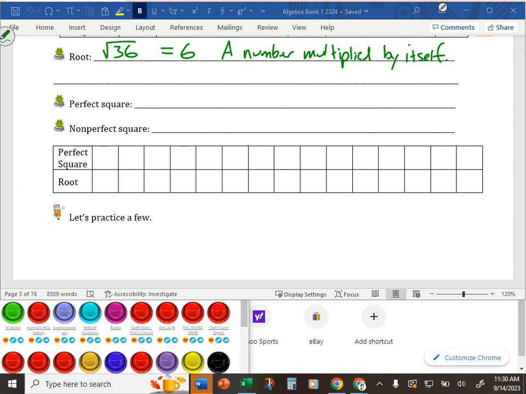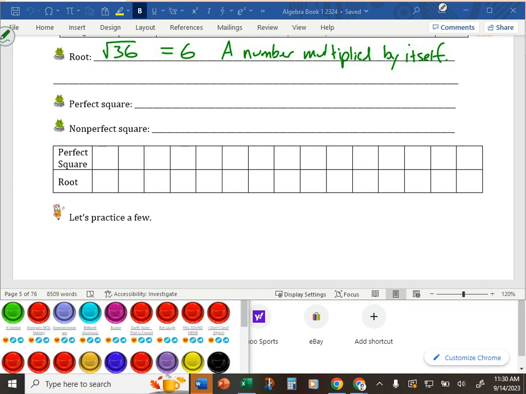And we also know that a root... Nolan, do you remember the order of operations? Do you remember what the R stands for? Radicals, right? And then the letter that is opposite the R, the E, stands for exponents, right?